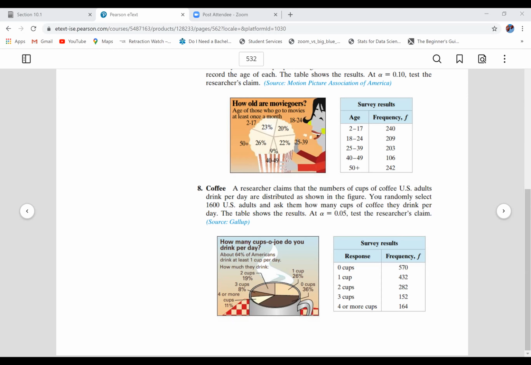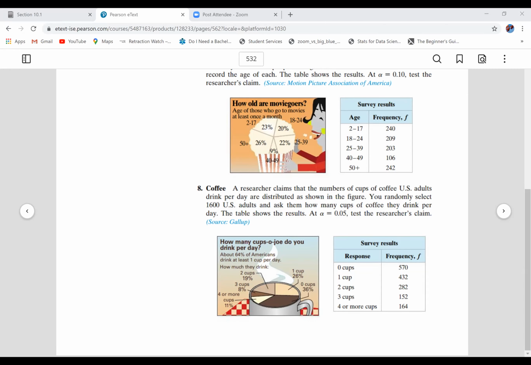Now for L2, we need the expected values. Can someone tell me how we're gonna do the expected value for 0 cups? So we go to L2. What goes next to 570? Feel free, guys, to give your input.